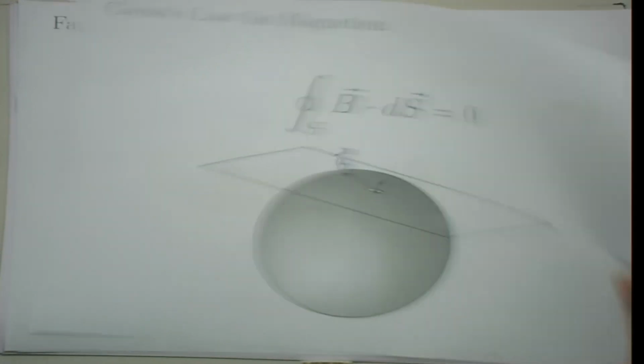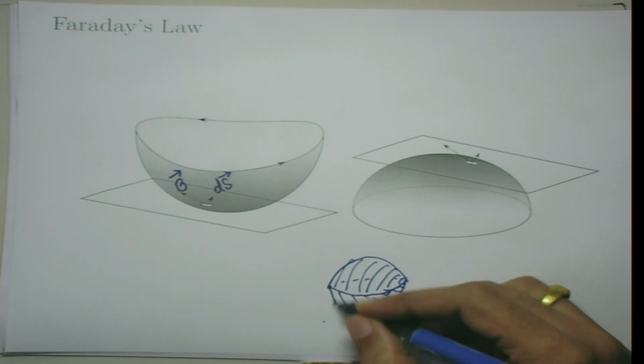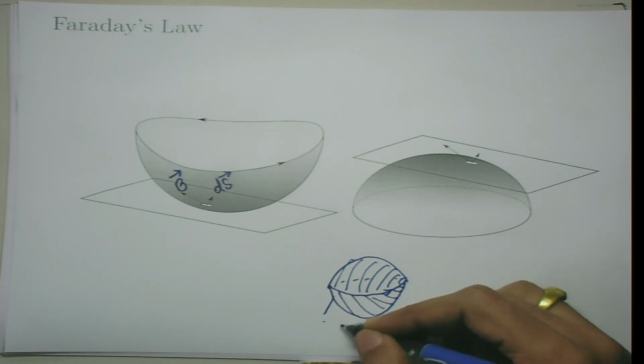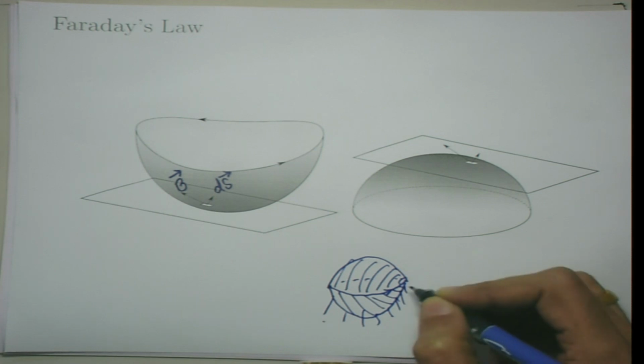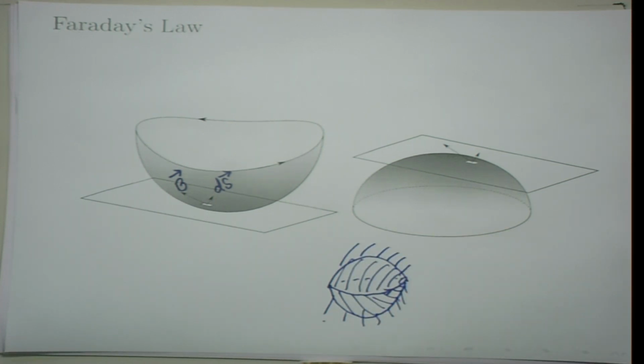What it means is that if a person is computing the magnetic flux through this surface, it will also be equal to the magnetic flux emanating out of the other surface. So, essentially whichever surface you choose, as long as it is bound by the same curve, you will get the same answer.